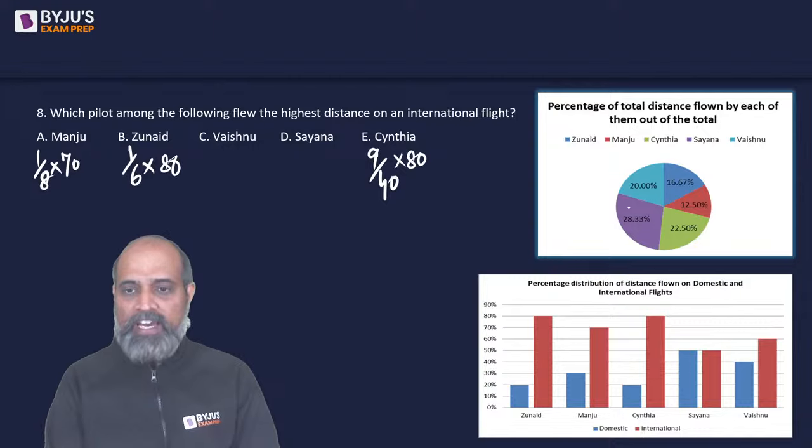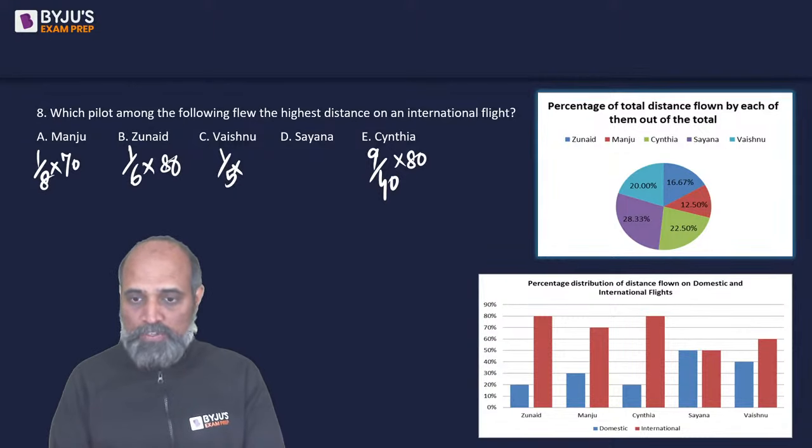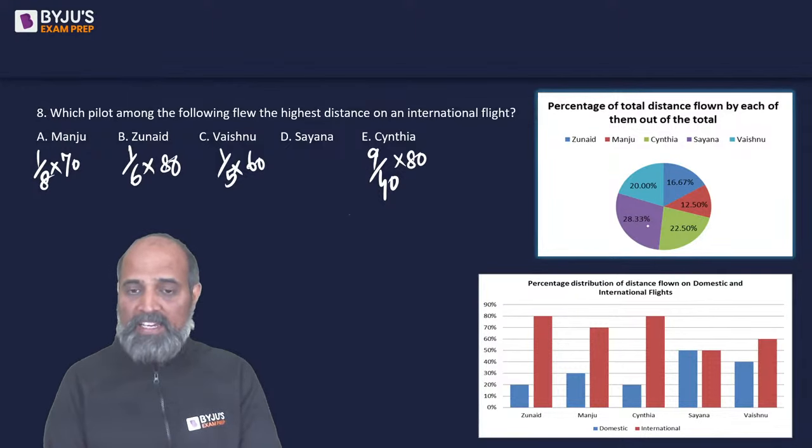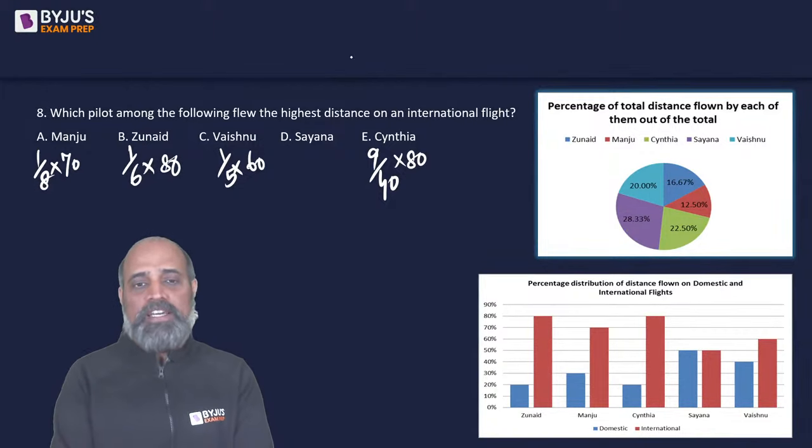If I look at Vaishno, the blue one, which is 20%, which is 1/5, and then his overall percentage is 60%. Sayana is 28.33%. So how to get 28.33%? Say 28.33. If you know the fraction, great.